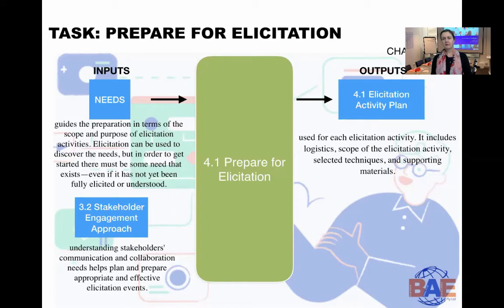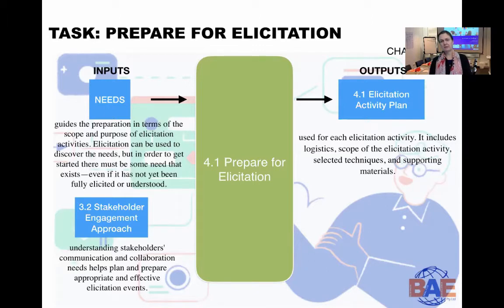Now, from an output perspective, this is simple and easy to remember. If you've done preparation for elicitation, you now end up having an elicitation activity plan. So this is simply what you'll be using in order to define the logistics, the scope of the elicitation activity, select the techniques that you decided you'll use, and any supporting materials that you'll need.